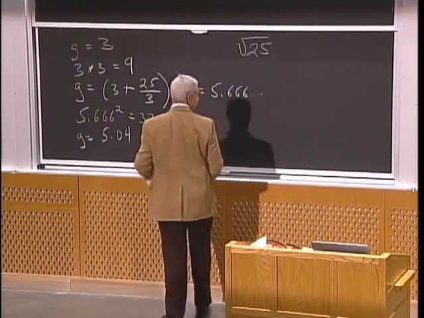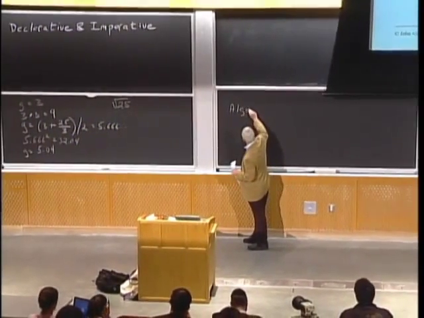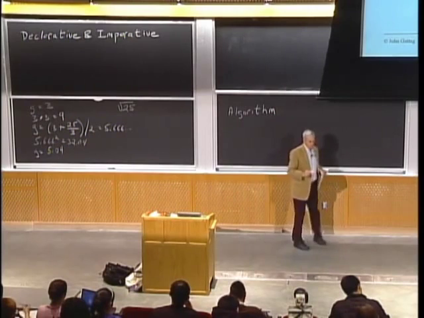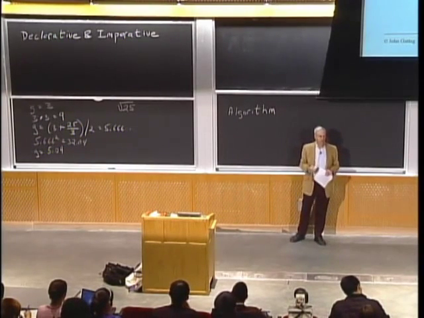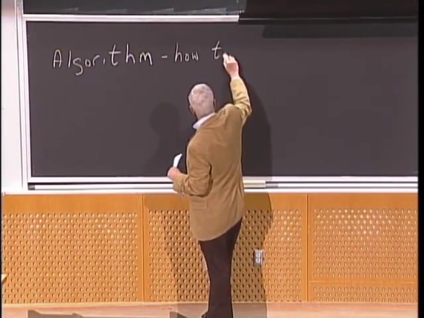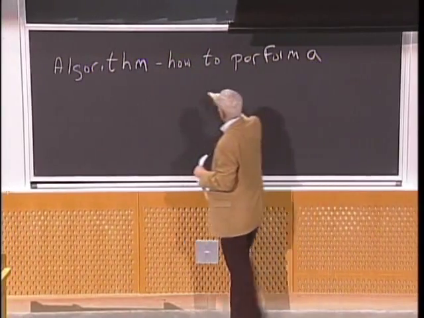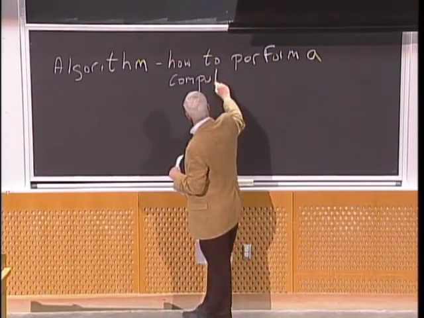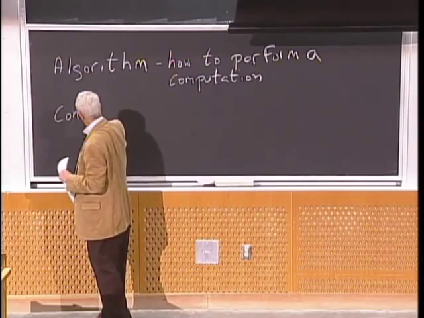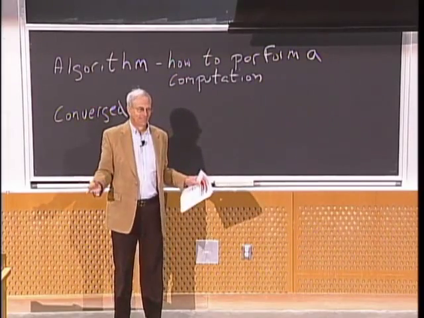What we say at this point is that the algorithm, and that's an important word, an algorithm is a description of how to perform a computation. We say that the algorithm has converged, which is a fancy way to say it's halted.